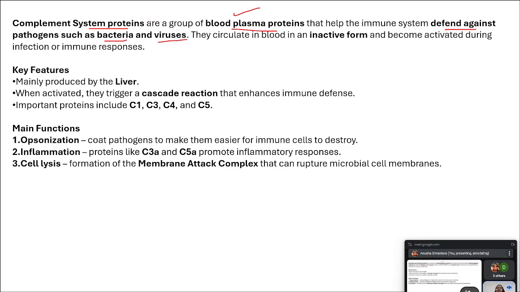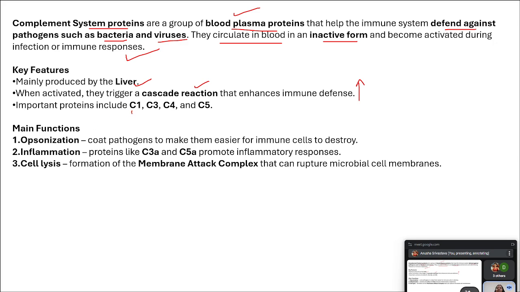They usually circulate in blood in an inactive form, and they become active only during infection or immune responses. They are mainly produced by the liver. When activated, they trigger a cascade reaction that enhances the immune defense during pathogenic infection.